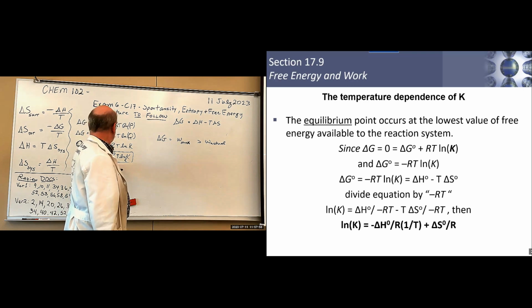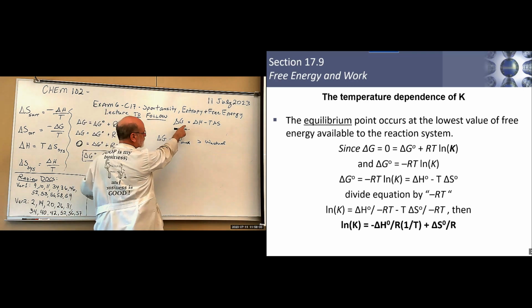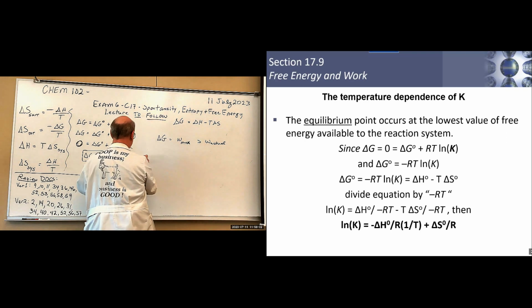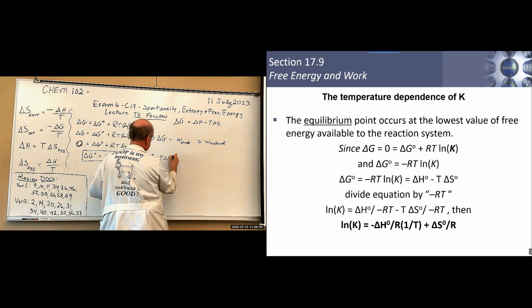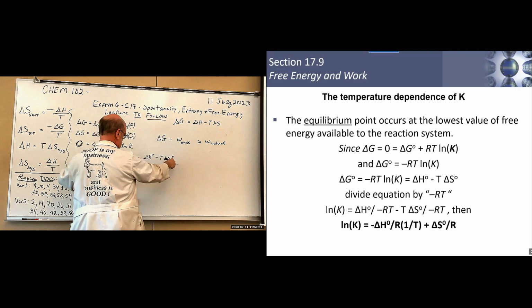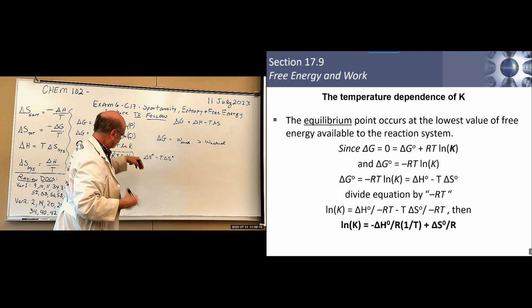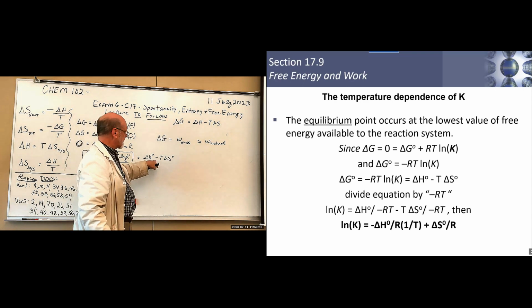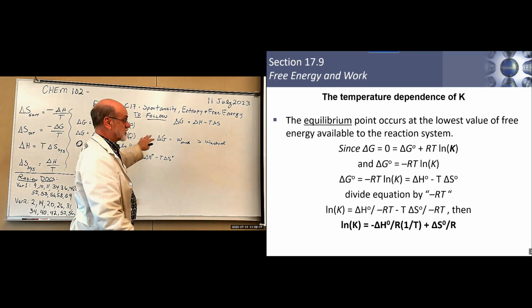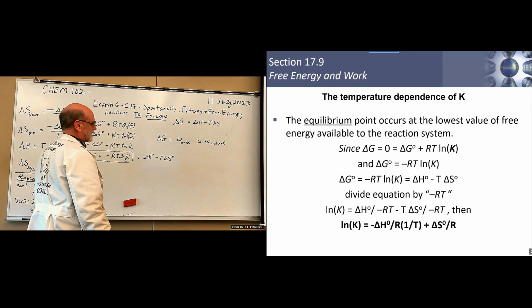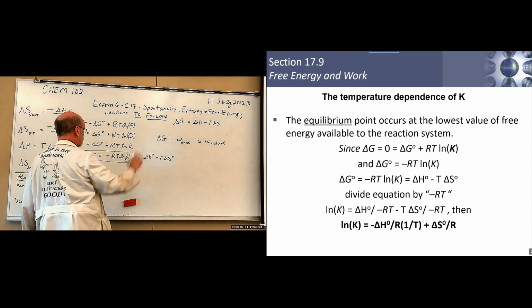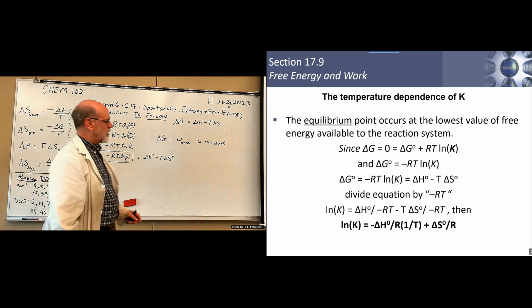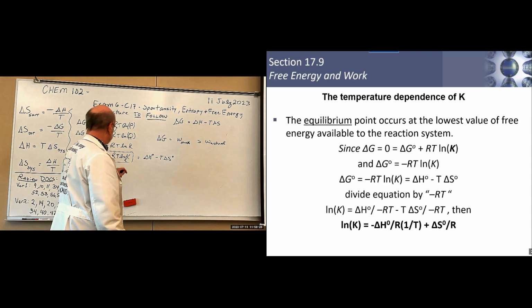And if we set this one equal to this one, that would have to be delta G0 equals delta H0 minus T delta S0. They all have to be standard conditions in order for this equation to work. Then if we divide the whole thing through by RT, we get the next equation.